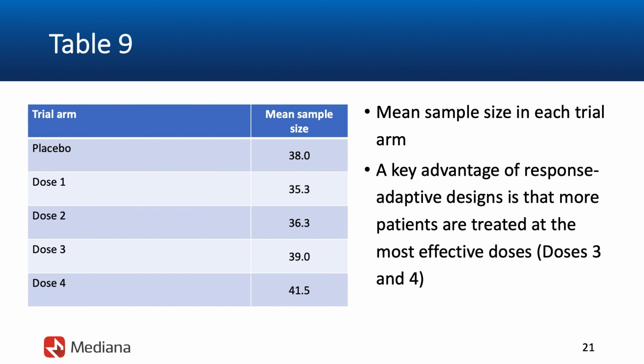So this table shows us the adaptive randomization approach is expected to favor the more effective doses, and these are doses 3 and 4, and there's clearly a lower probability of assigning patients to the less effective doses, and these are doses 1 and 2. And this is once again the main benefit of using an adaptive randomization approach in a dose-finding trial.